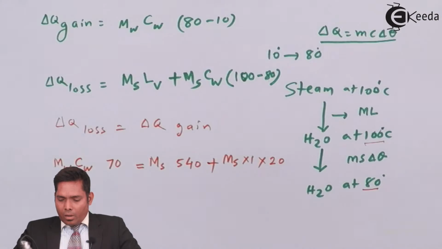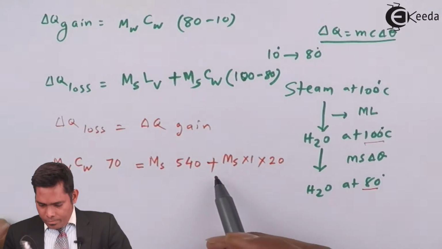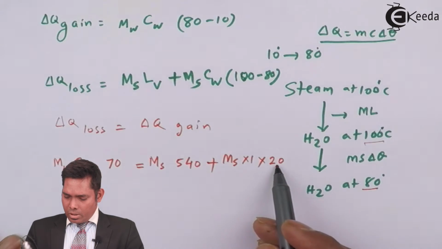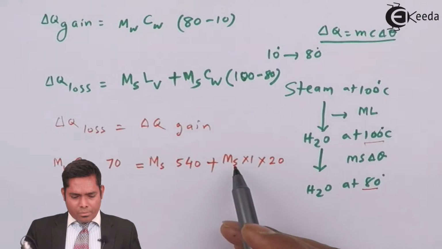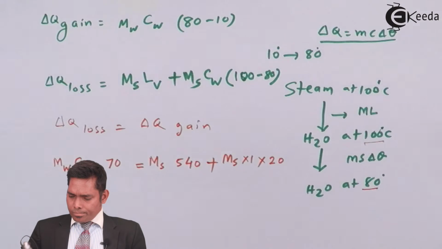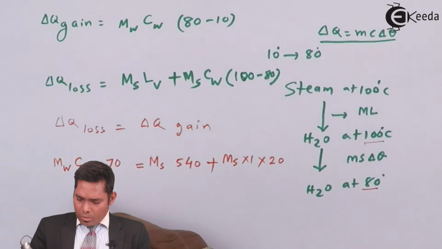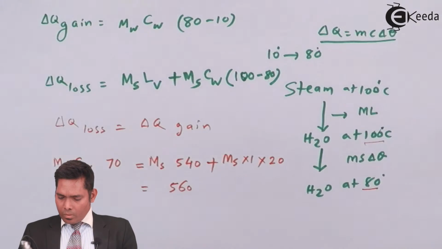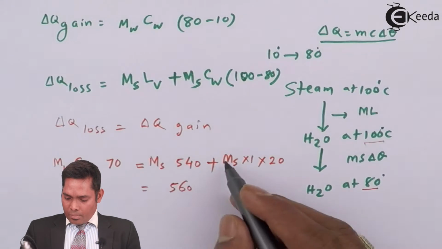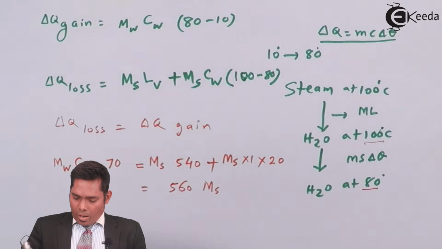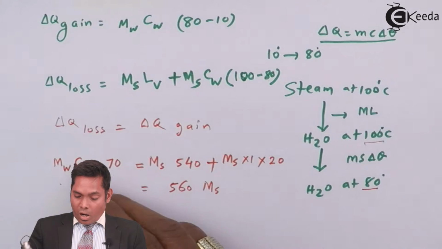Now if I solve that, 540 plus 20 is 560. So I write 560, and this m is common, that is ms, and this is mw, the mass of water.